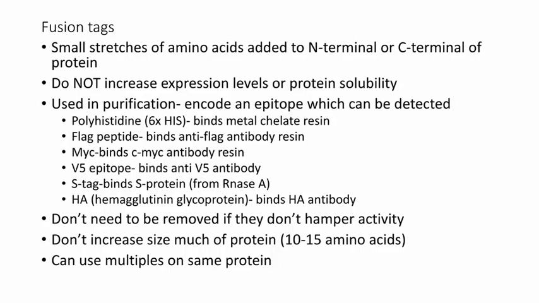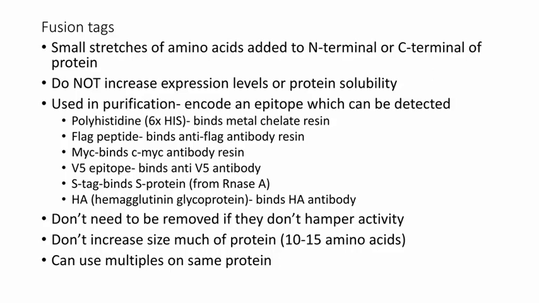And what it does is it encodes an epitope. So an epitope is just the shape that the antibody detects. So the stretch of amino acids, the fusion tag, encodes an epitope, a particular shape, which can then be detected by an antibody. So just in the same way we did with the GST, we would want to bind it to a column.